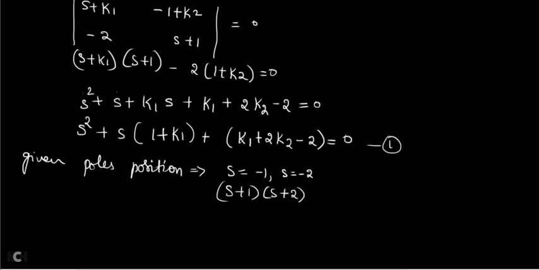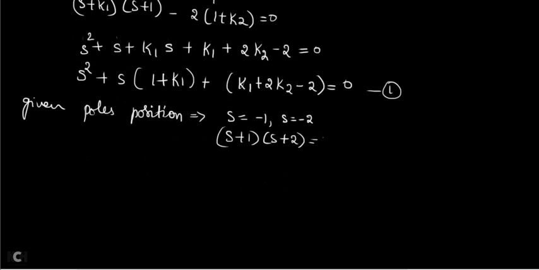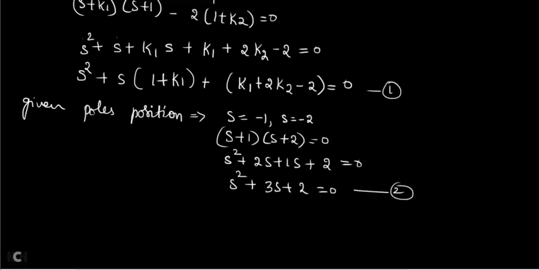Whatever poles are given, I am writing them as factors. Now you multiply this: s square plus 2s plus 1s plus 1 into 2, equal to 0. So you got s square plus 3s plus 2 is equal to 0. This is your equation number 2.